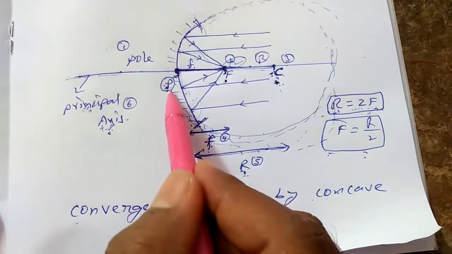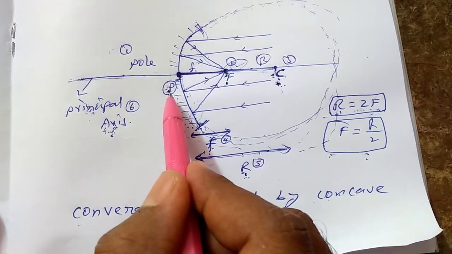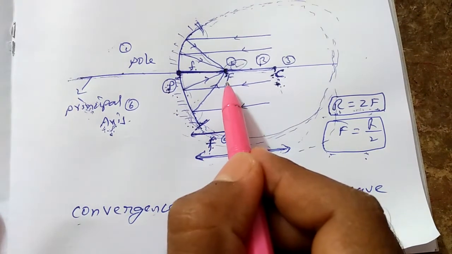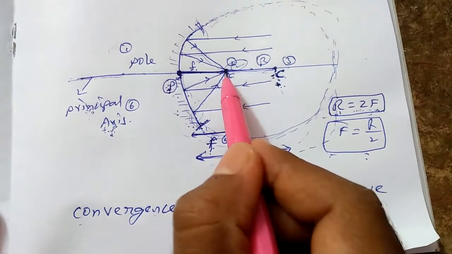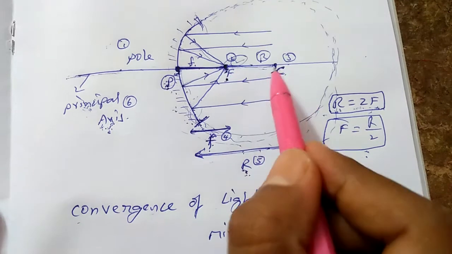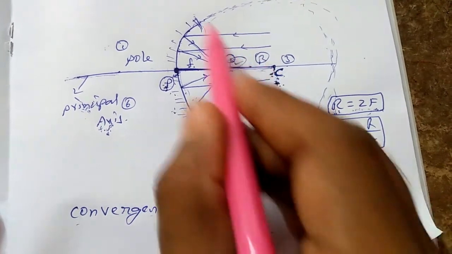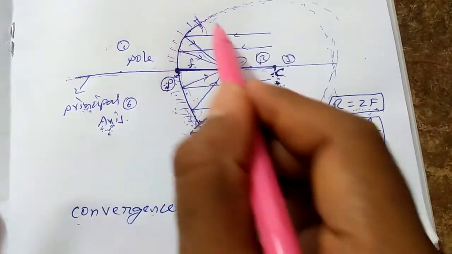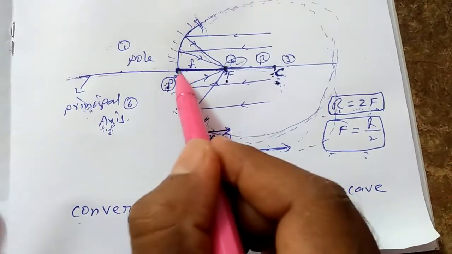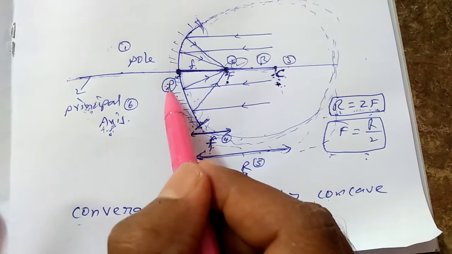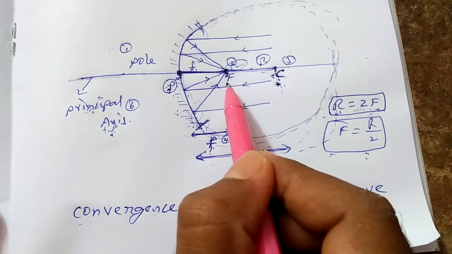Pole means the midpoint of the mirror. Focus means the point at which all the reflected light rays will meet. Center of curvature means the center of a sphere of which the mirror is a part. Focal length means the distance between pole and focus.